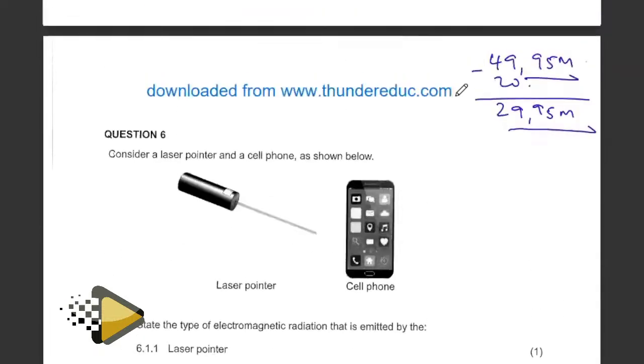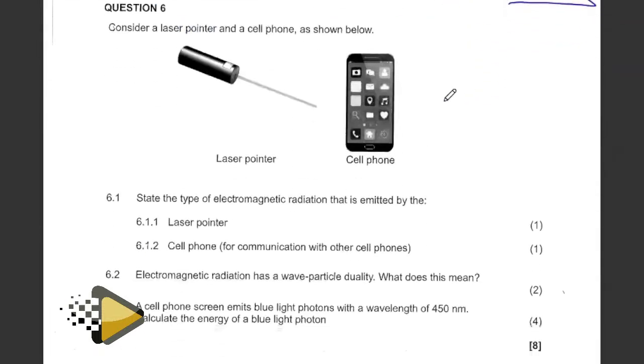Question number 6. Consider a laser pointer and a cell phone as shown within this diagram. State the type of electromagnetic radiation that is emitted by the laser. What kind of radiation is this? We could say it's red light.